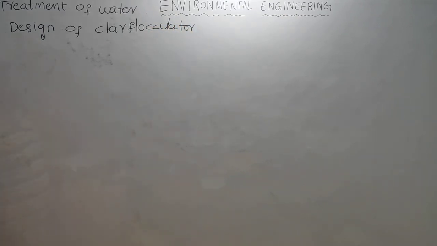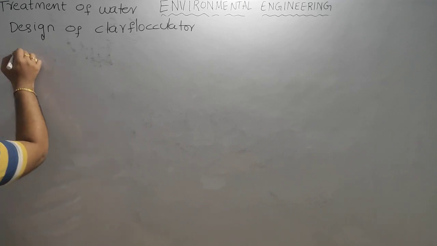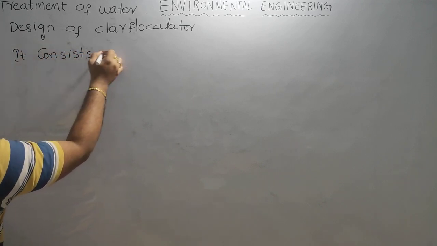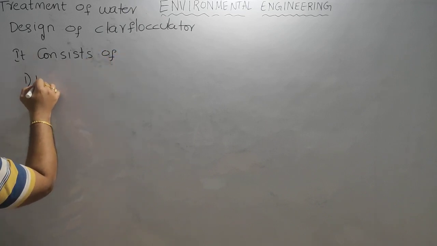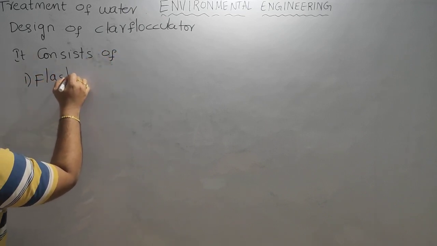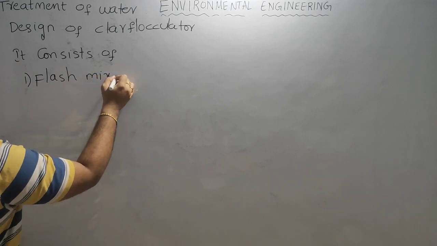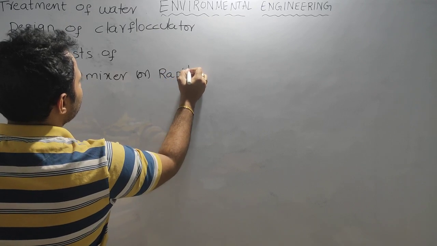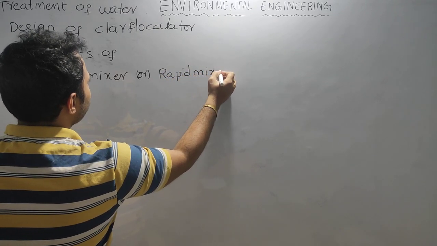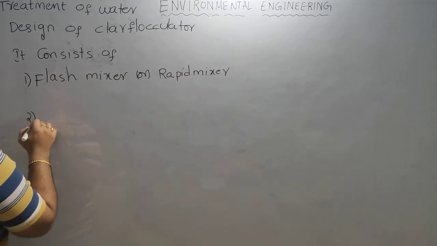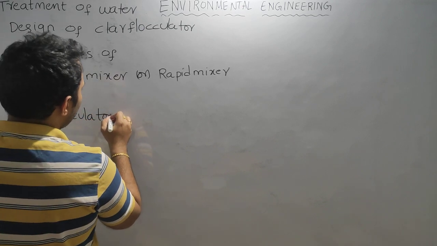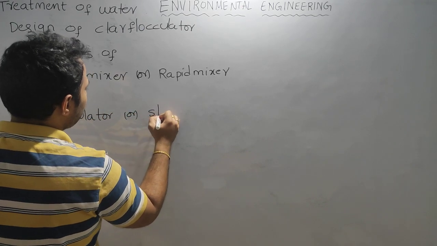This clariflocculator consists of three devices. One is the flash mixer or rapid mixer. The second one is the flocculator or slow mixer.